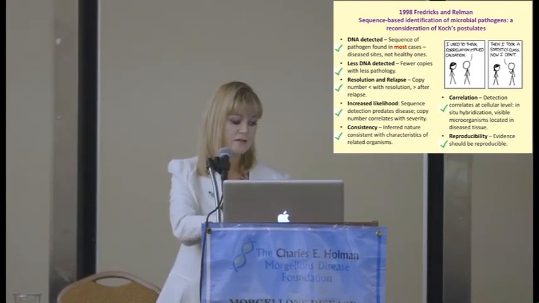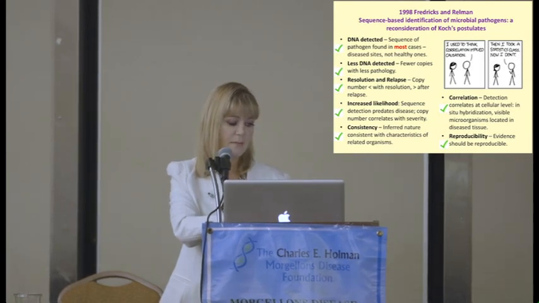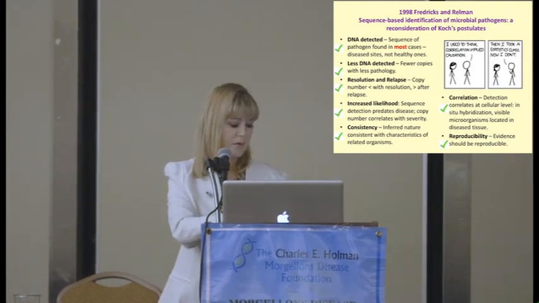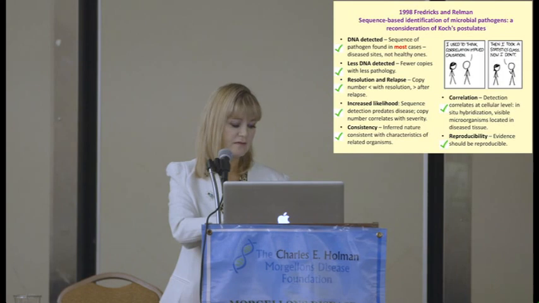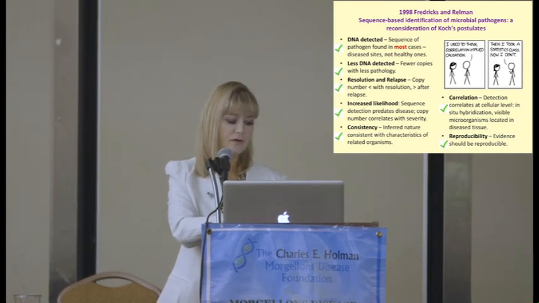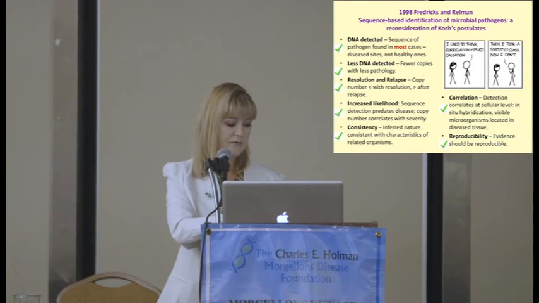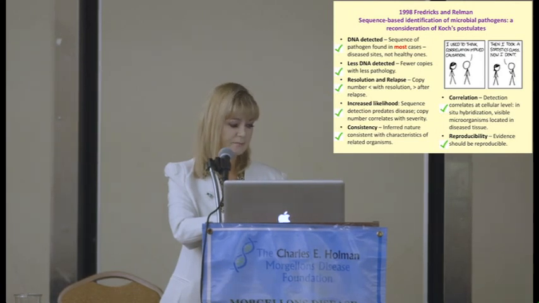Two, microbial nucleic acids should be found preferentially in those organs or gross anatomic sites known to be diseased, and less in those organs that lack pathology. Fewer or no copies of the sequence should occur in hosts or tissues without disease. Three, with resolution of the disease, the copy number of sequences should decrease or become undetectable.